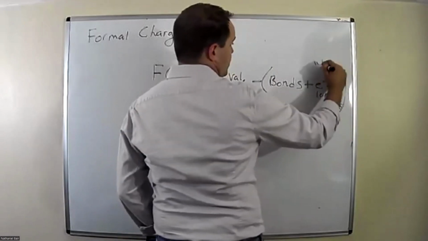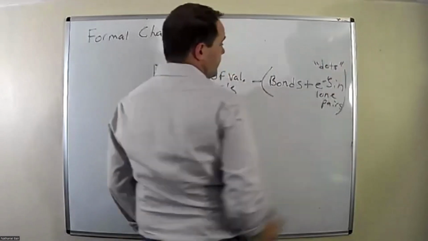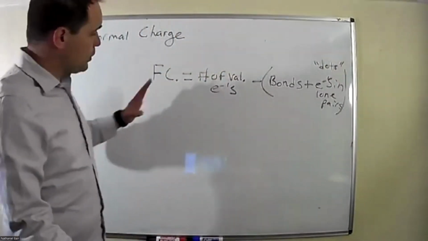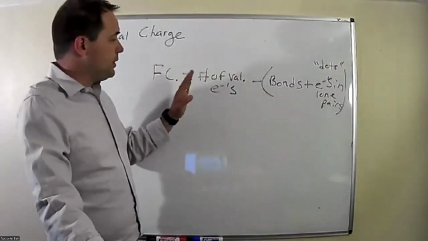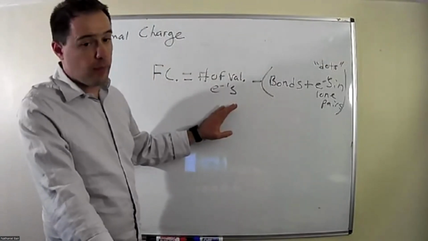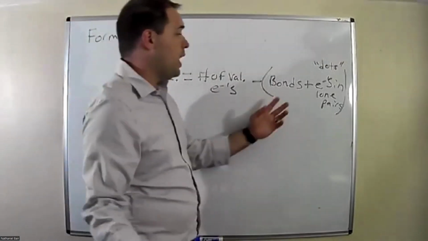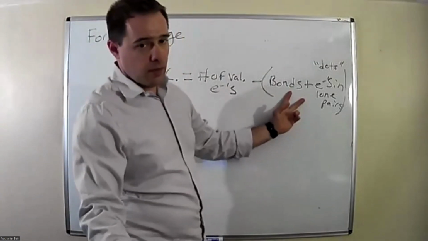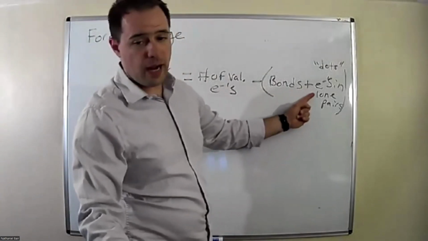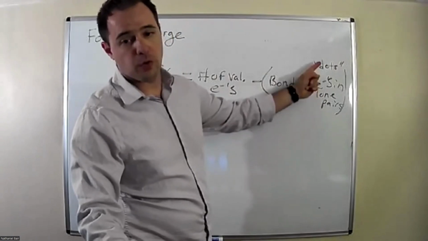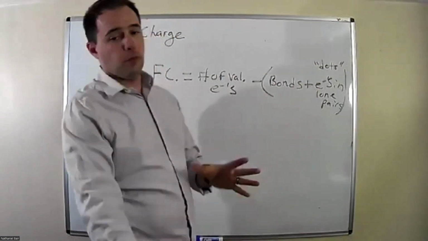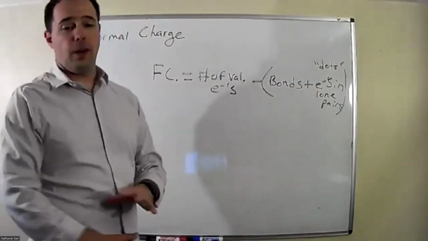So in other words, dots. The formal charge on an atom is equal to the number of valence electrons that atom has naturally minus the sum of the number of bonds that atom is making plus the number of electrons that atom has in lone pairs, or dots. Formal charge is a mathematical formula.